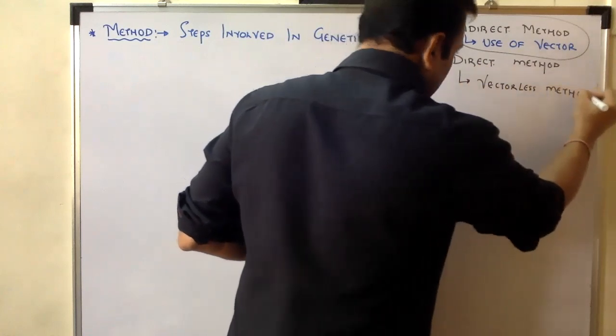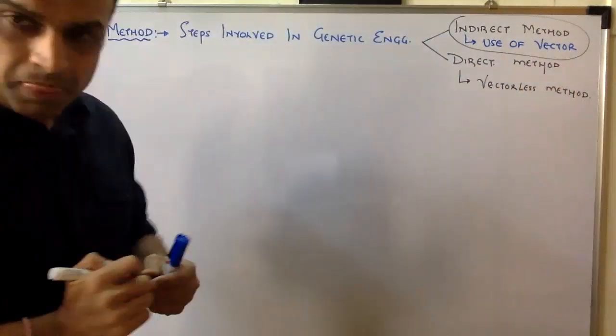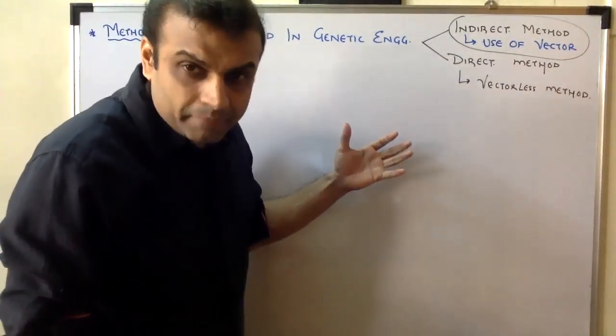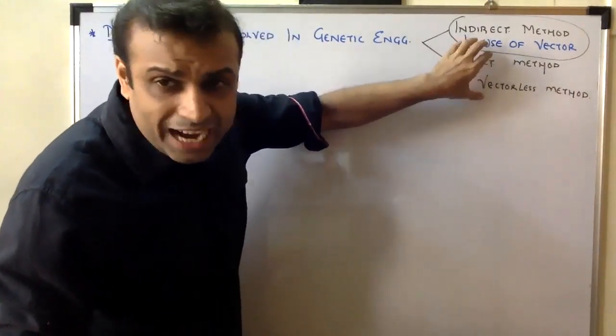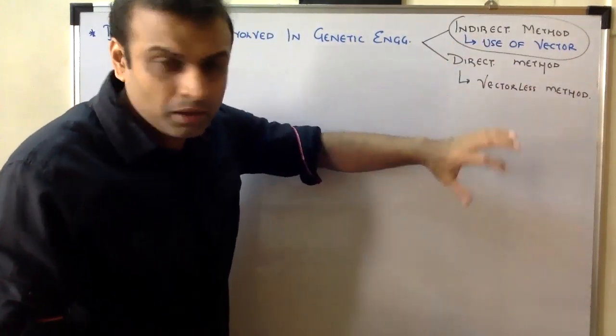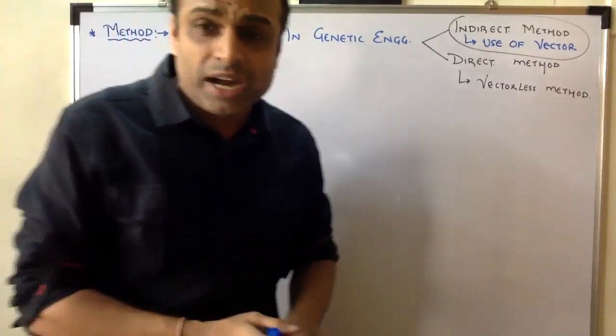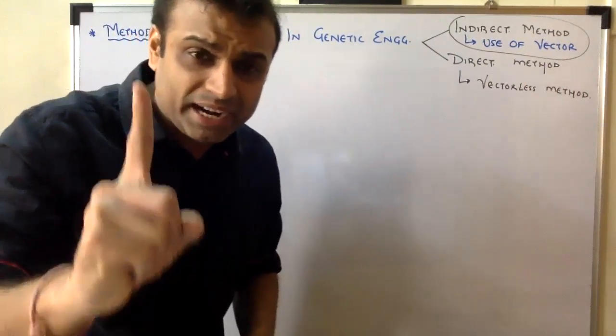Now please understand this. Remember, when you do it practically, the direct method is actually not advisable, because if you do 100 experiments, there is a chance of only one experiment getting successful.